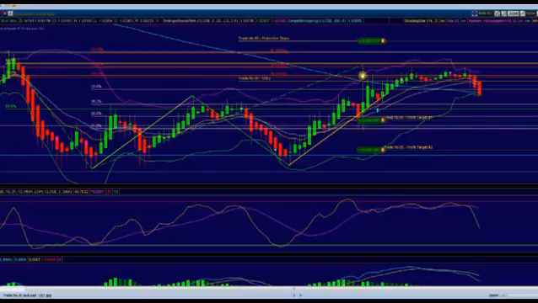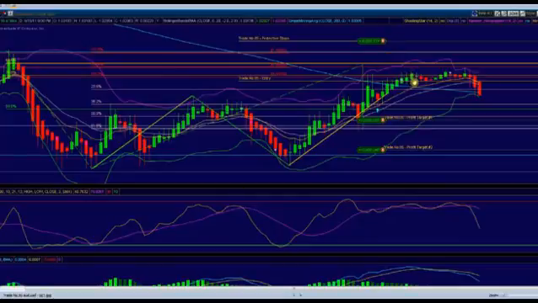So this was my first test of structure at the 786. This was the second test of structure at the 786, which confirmed the bearish divergence here once the stochastic indicator did not break above the extreme buying point.